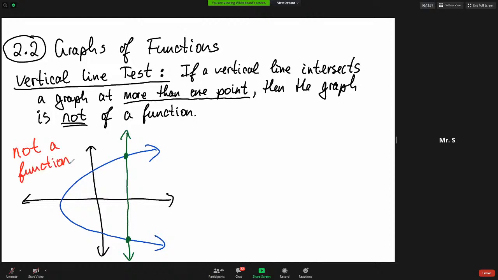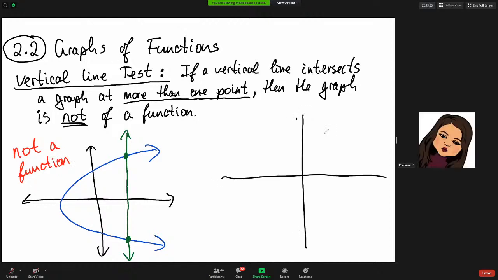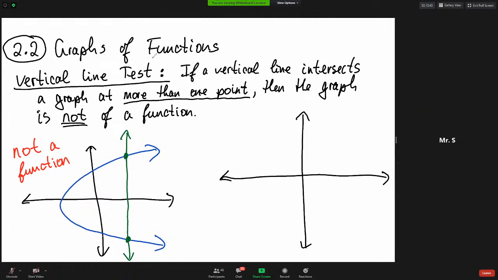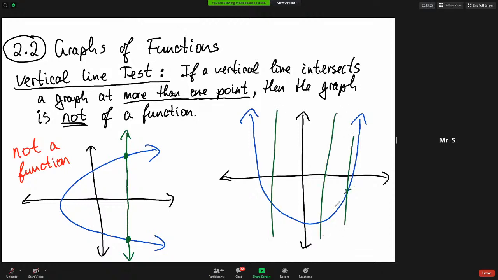Are we okay on how the vertical line test works? Yes. So if a parabola goes up or down, it will still be a function, but if it goes sideways, it won't be. Correct. So if you have a vertical parabola that goes up, down like that, then only this one would be a function, because anywhere I place a vertical line on this, it's only going to hit at a single point.